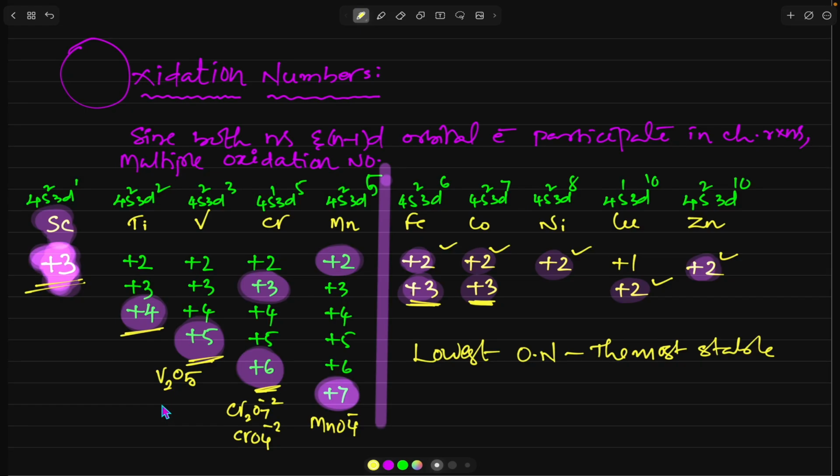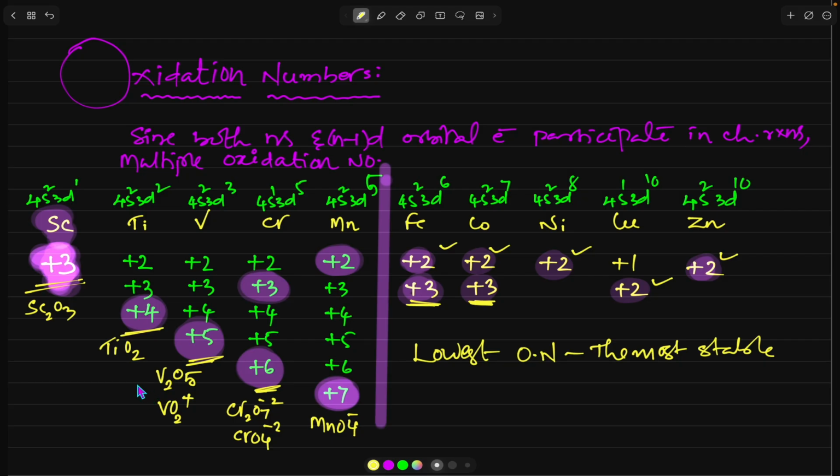We also have VO2 plus, which is also +5. For titanium we have titanium dioxide, TiO2. For scandium we have Sc2O3. So these are the stable compounds of these elements, right?